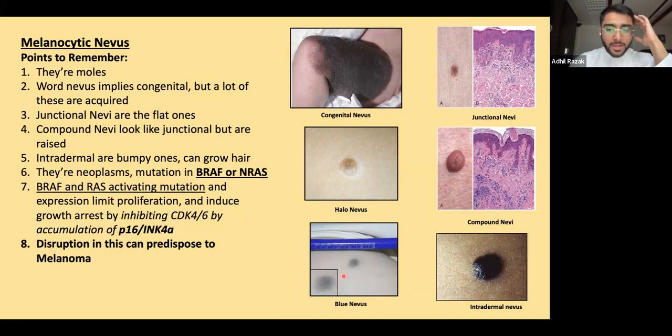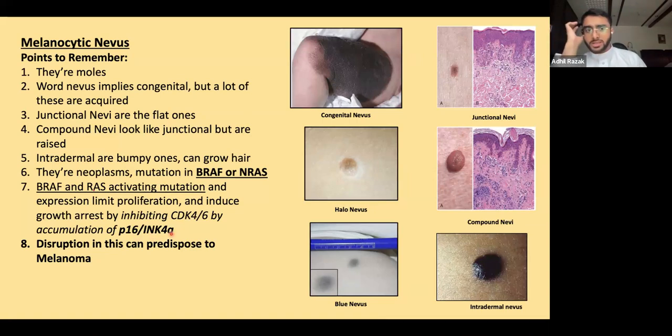Blue nevi are benign. Halo nevi are also benign. And these are all neoplasms, and they all have an activating mutation in BRAF or NRAS. The expression limits proliferation, and they function by inducing growth arrest by inhibiting CDK4 and 6 through accumulation of p16 INK4A.